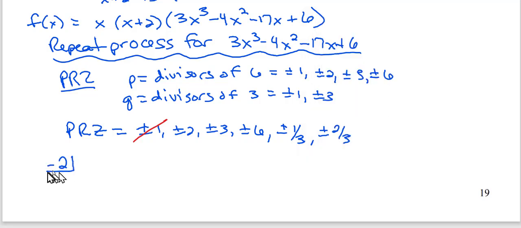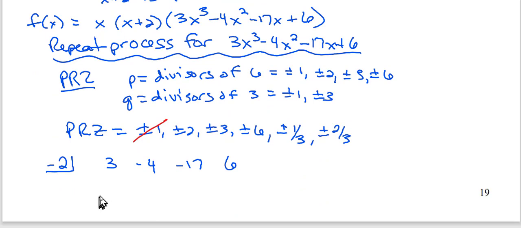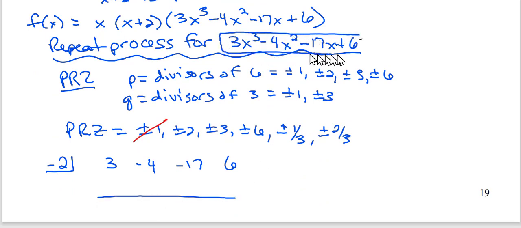All right, -2, and now we're looking at coefficients of 3, -4, -17, and 6, because we're trying to now factor this guy. Bring that down, it's 3. Multiply, we get -6. Adding those is -10.